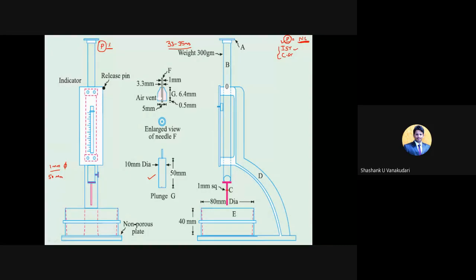Here the plunger diameter is 10 mm. Do not get confused. Plunger diameter is 10 mm, whereas needle diameter is 1 mm, and the length will remain the same in both needle and plunger. So this plunger is used to conduct the normal consistency test, and this needle is used for the initial setting time test.